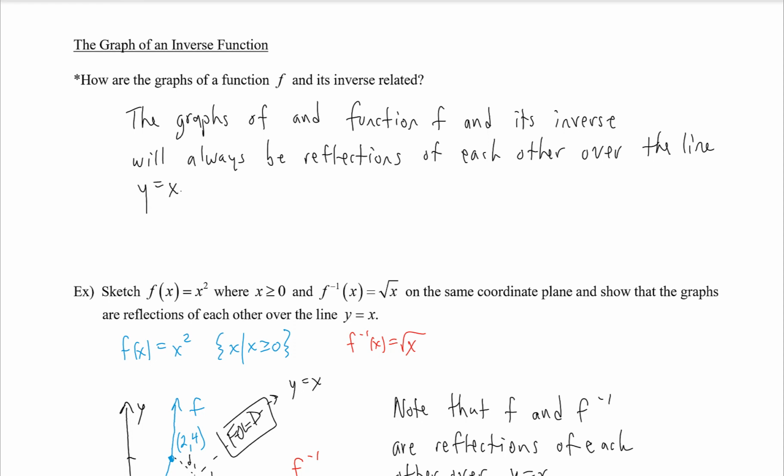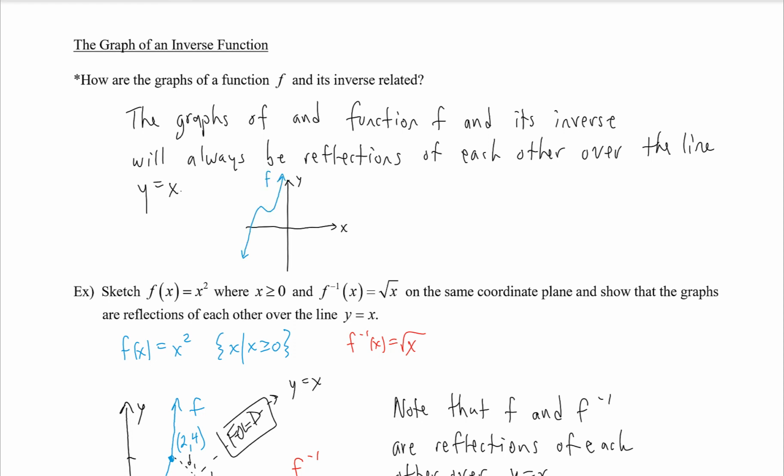Now, why do we care? Well, I would argue this is a very easy way to look at graphs and know if they're definitely not inverses of each other. So for example, let's say you're looking at one graph that looks like this.